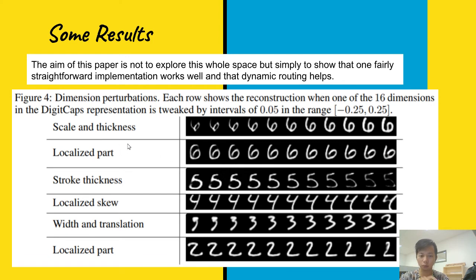And we can see that, for example, this dimension represents the scale and thickness, and this dimension represents the localized skew, which means that, yeah, it works, right?